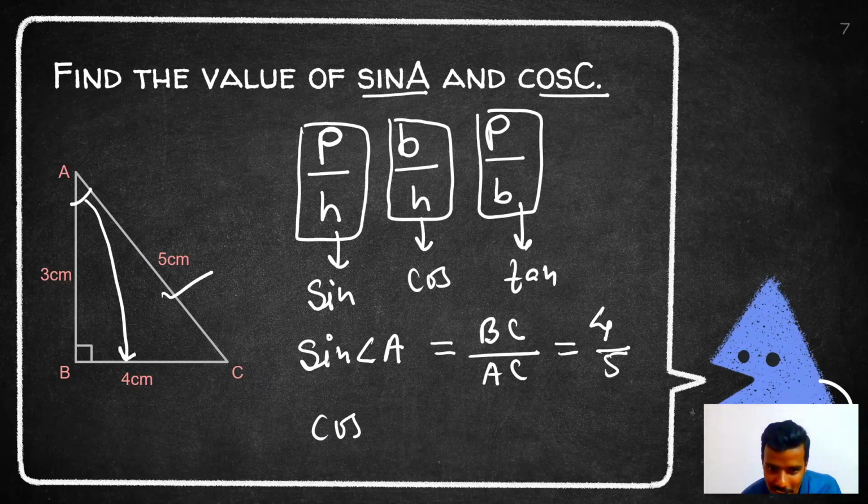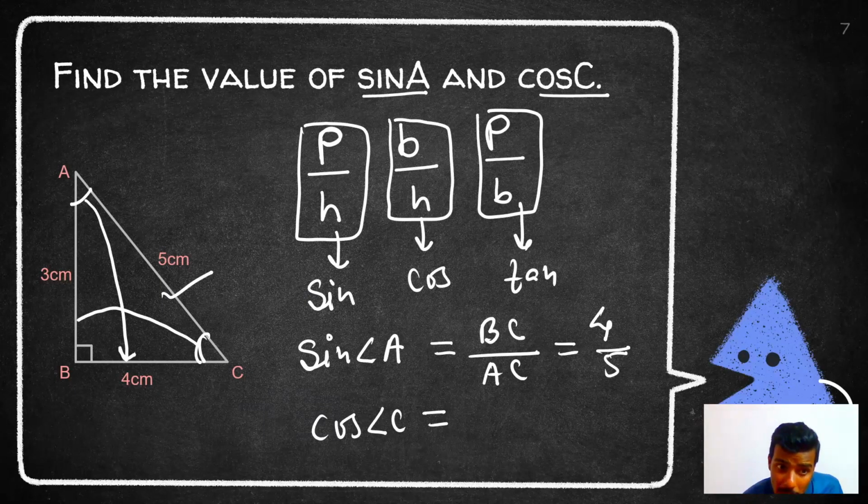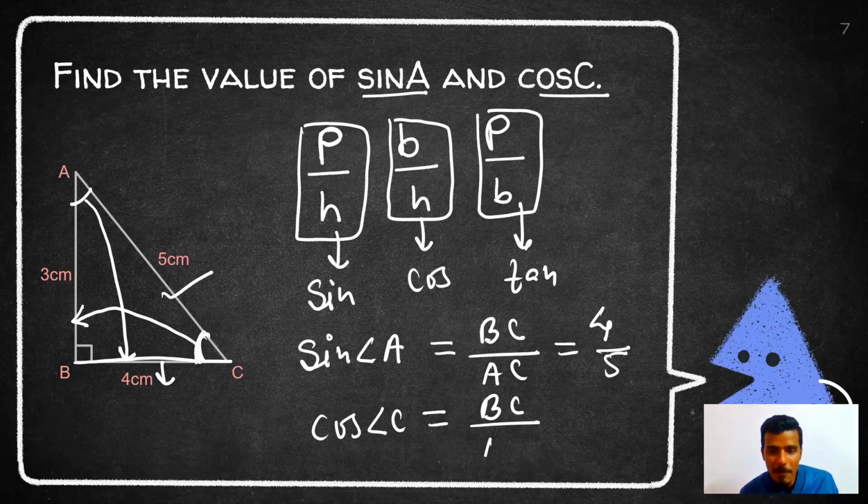Similarly, cos of angle C. For angle C, the opposite side is AB and the adjacent side is BC. Cos is B by H, base by hypotenuse. Base means adjacent side, and for angle C, BC is the adjacent side. So BC by the hypotenuse, which always remains the same, AC. So the value is also 4 by 5.